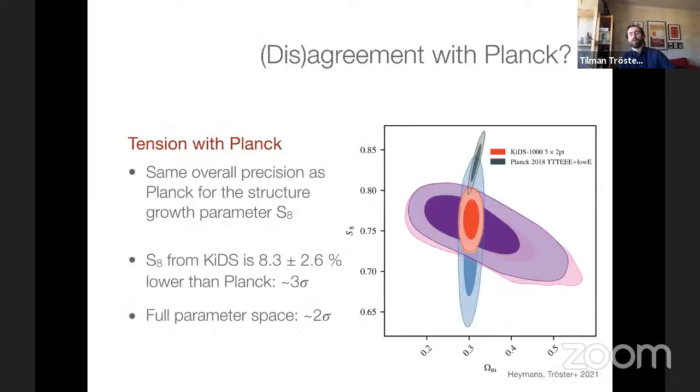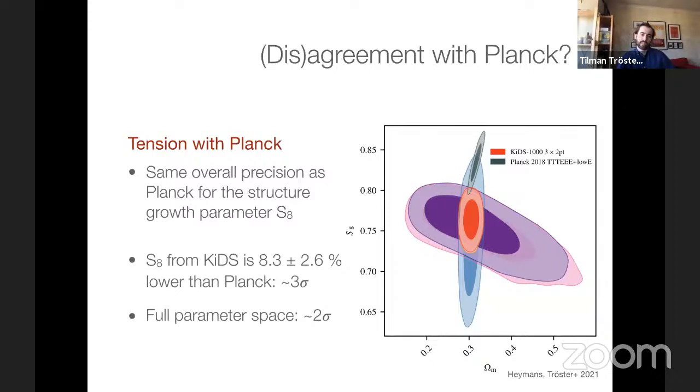All right. Well, as I said, we have about a 3 sigma tension if you look at a single parameter and like 2 sigma tension if you look at the whole parameter space. Depending on how comfortable you are with unlikely events, you can either say, well, that's fine, or someone messed up with the systematic treatments.